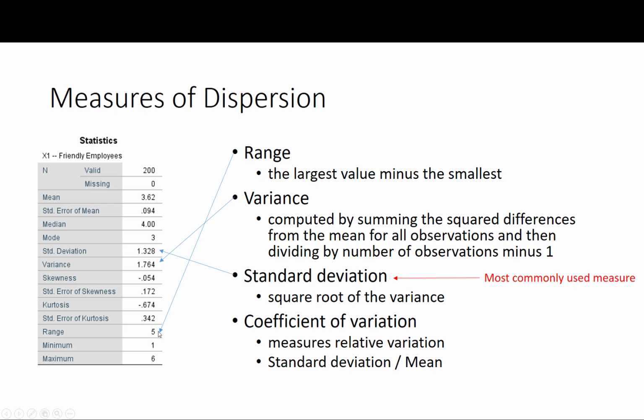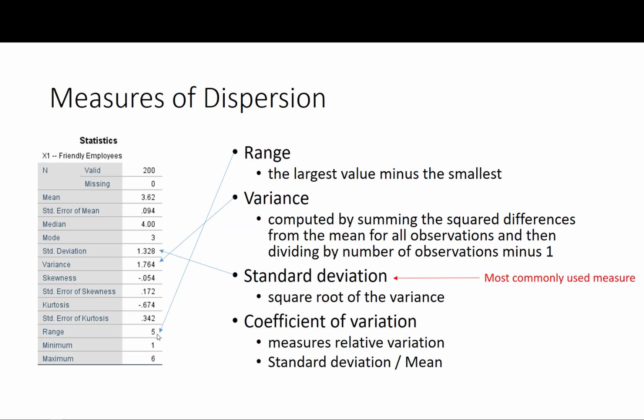In this case, the maximum reported was 6 and the minimum reported was 1, which gives us a range of 5. So even on a 7-point scale, everyone might respond 3 or 4, meaning it's 4 minus 3, giving us a range of 1. So a very, very undispersed data set.